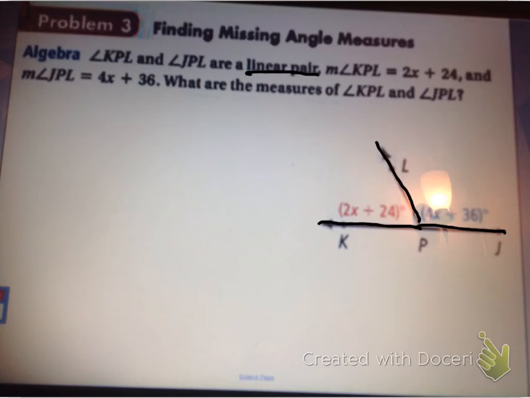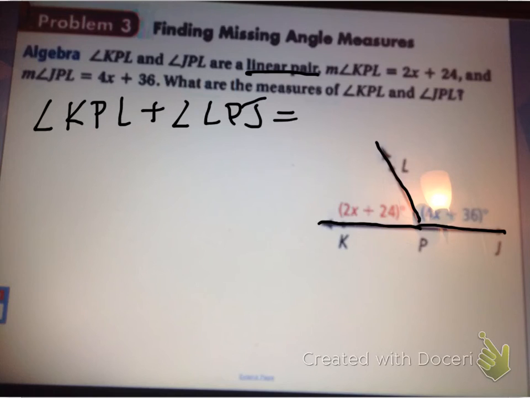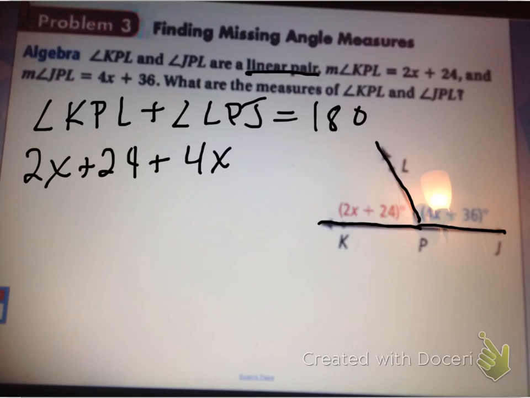So in order to help us find what the angles are, we're going to set up an equation. Angle KPL plus angle LPJ, they form a linear pair, so they equal 180. Now we just plug in each of these expressions: 2x plus 24 plus 4x plus 36 equals 180.